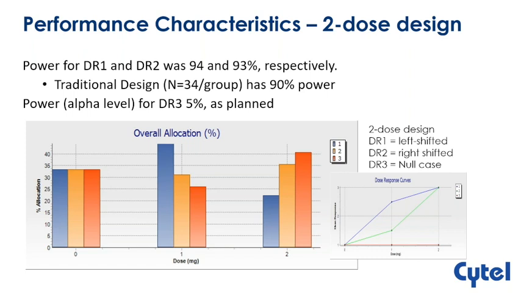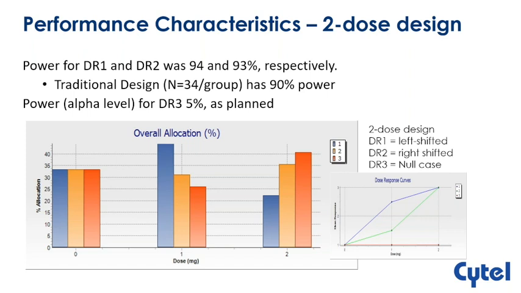The type 1 error is controlled. That was the 3rd dose response curve, which was flat. And the percent of subjects assigned is shown in the histogram. Each set of 3 bars at doses 0, placebo, and doses 1 and 2 are in order of the dose response curves 1, 2, 3.